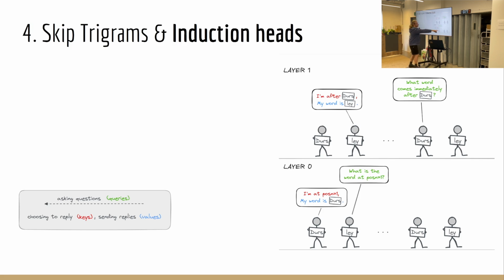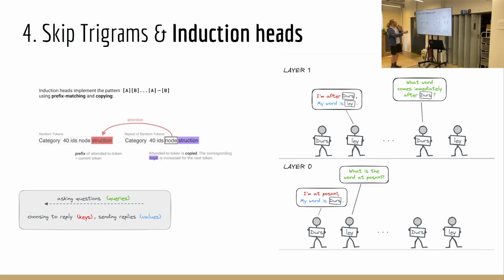So everyone asks who's to the left, and then in the next layer, each token asks who comes directly after Durs. Lee knows he comes after Durs because that information was transferred, and he says you should say Lee. So Lee is then communicated to Durs, which pushes that into the output space to eventually pump up the Lee logit, and that works for random junk.